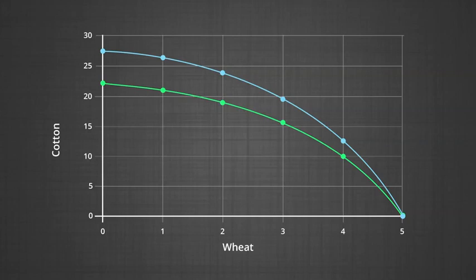If the economy chooses to produce only cotton, it now produces not 22 as it was before, but 28 bales of cotton. But the technology to produce wheat has not changed. So, if the economy chooses to produce only wheat, it will still produce 5 units of wheat as before. The PPF therefore shifts out along the y-axis as shown in the figure alongside.